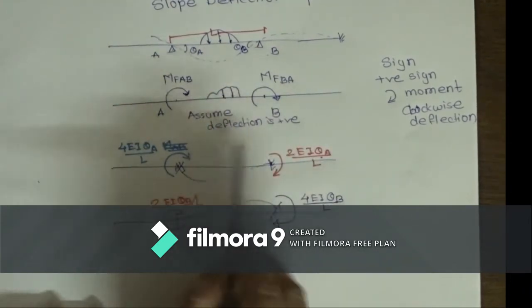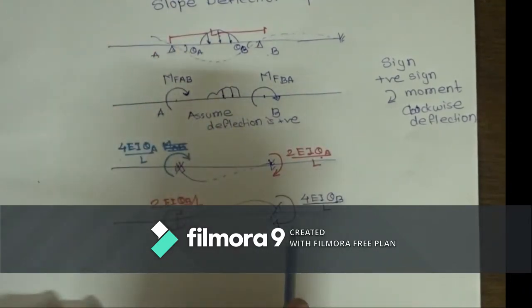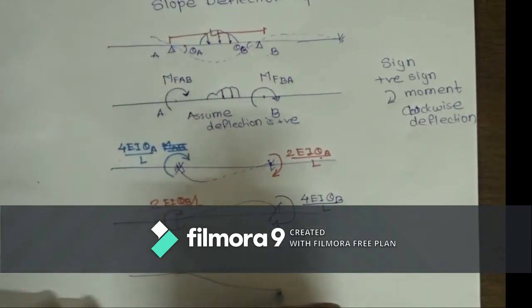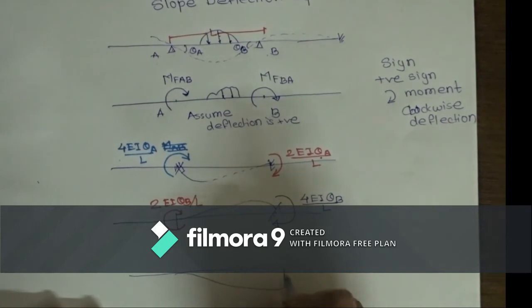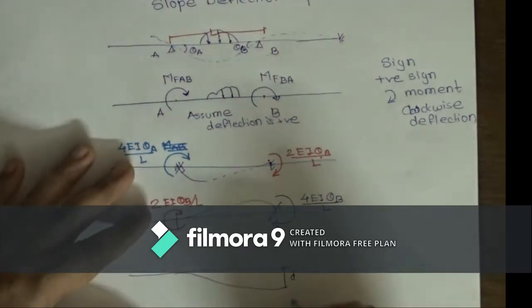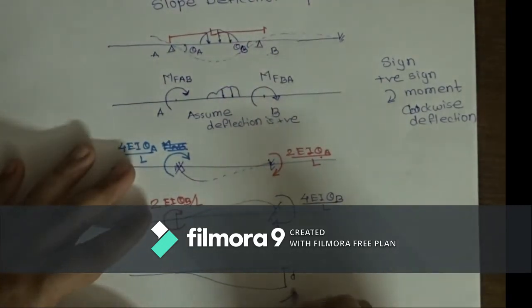So as we have assumed the deflection of B is positive, that means support B will deflect in the downward direction with an amount of delta. So because of this deflection, again the moments are generated at this point, 6 EI delta upon L square.